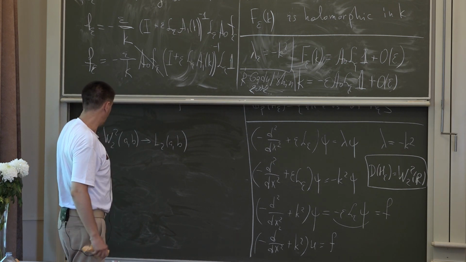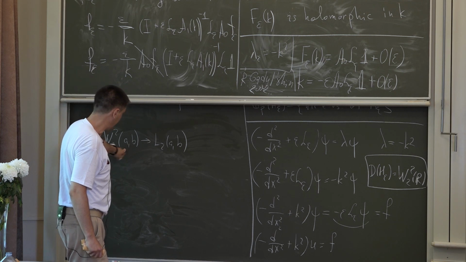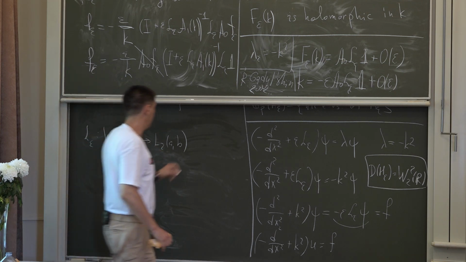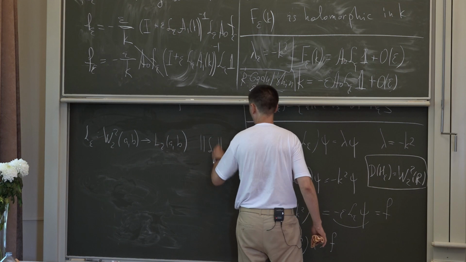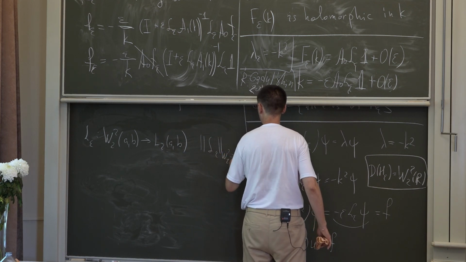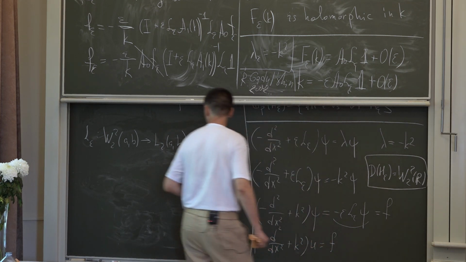And it should be a bounded operator from W22 on some interval into L2 on this interval. The norm of this operator from W22 into L2 should be bounded uniformly.